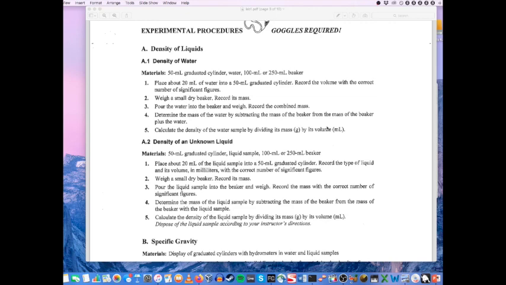I have instead gotten a 2-cup measuring cup, and we are going to first weigh it. We're going to record its dry mass using the kitchen scale that I have.